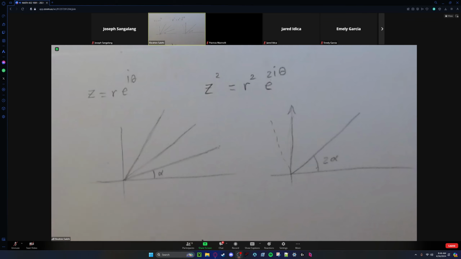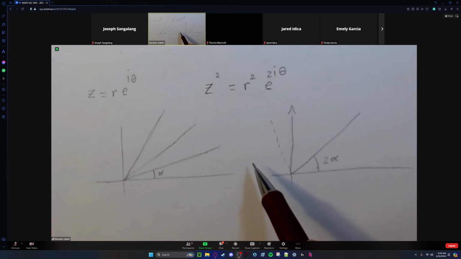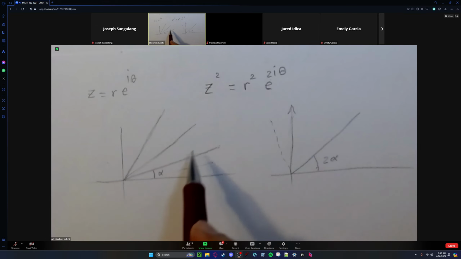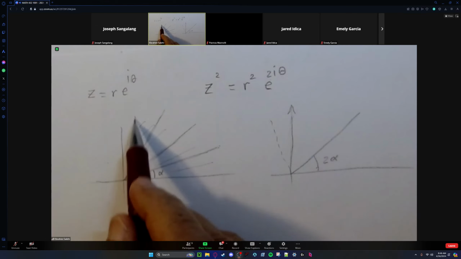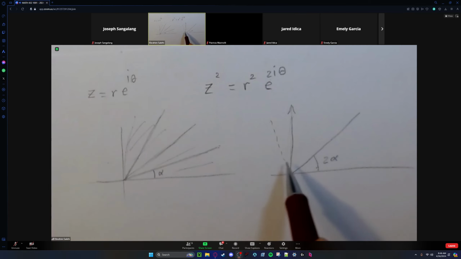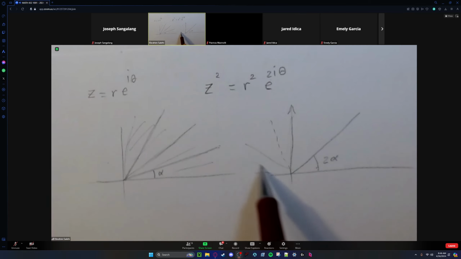So just looking at the rays will help you realize why, when you square this part, you will get the whole half plane. All right. Is this clear now?